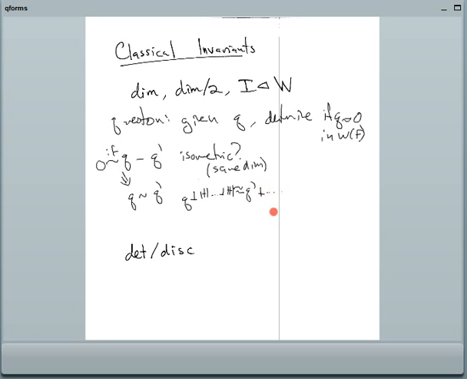So Q is Q anisotropic plus a bunch of hyperbolic planes, and the right-hand side is Q prime anisotropic plus some hyperbolic planes.